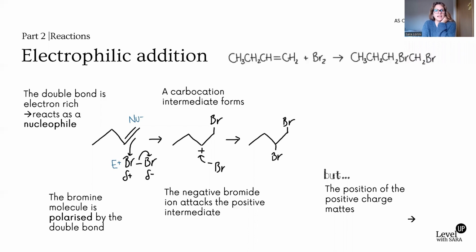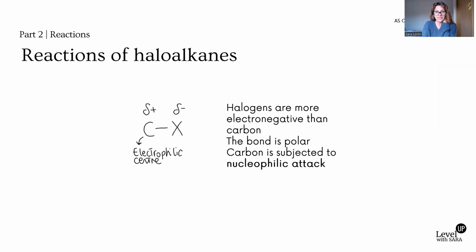Let's now look at another type of mechanism. So we looked at this electrophilic addition. Now let's look at another functional group, haloalkanes. First of all, the analysis to always do is, okay, is there any polarity? Is there any dipole present, or any region of electron density or less electrons?